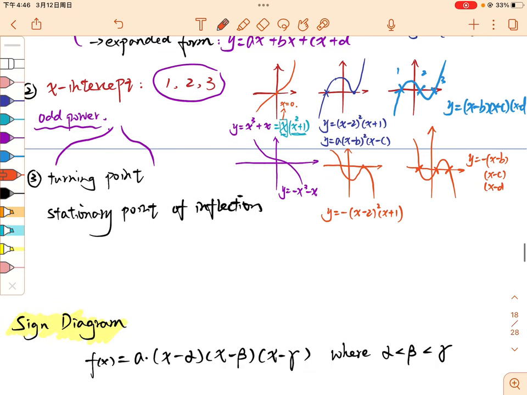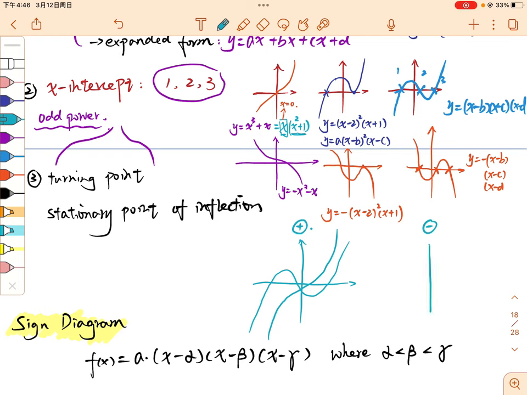Alright, so in the end, for the general form, or say the positivity and negativity of the cubic function, if it's a positive one, your graph will start from really negative values. No matter how many points of intersection you have, you're going to go from negative to positive.